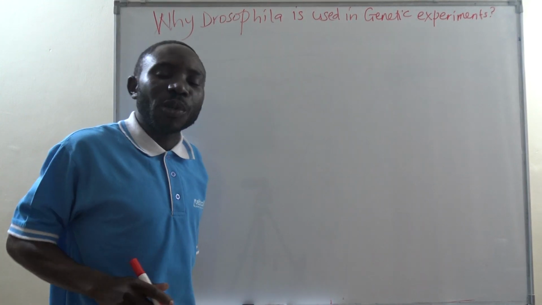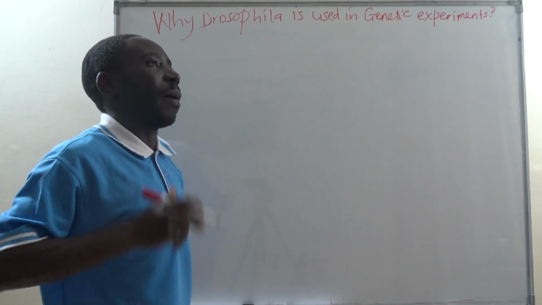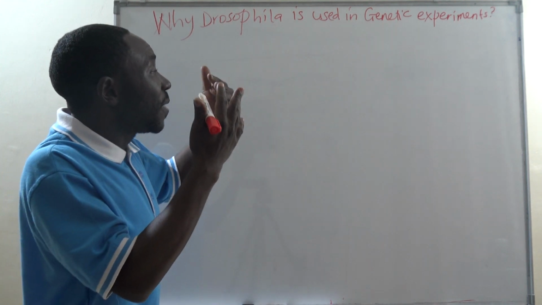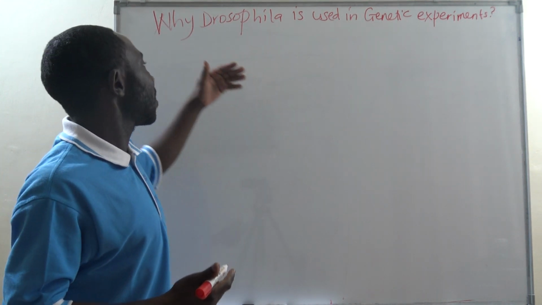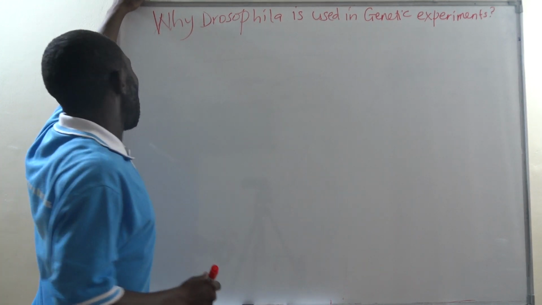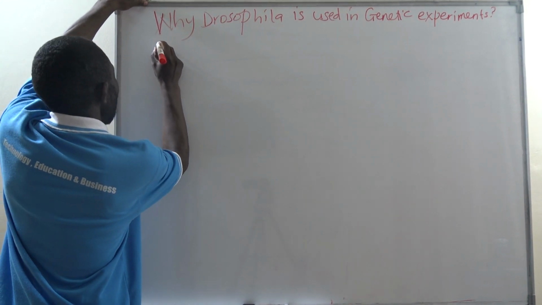Its scientific name is Drosophila melanogaster. So why is it commonly used in genetic investigations? We shall simply list the reasons here.